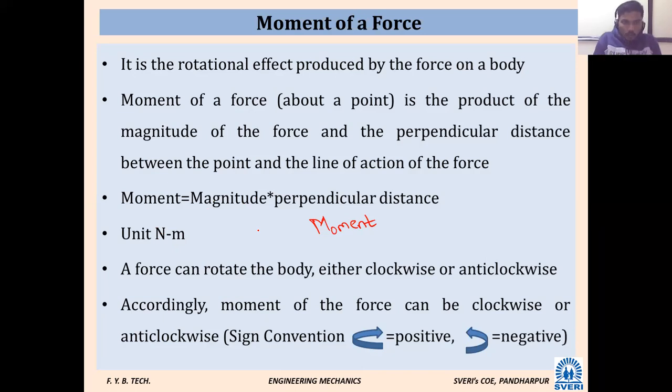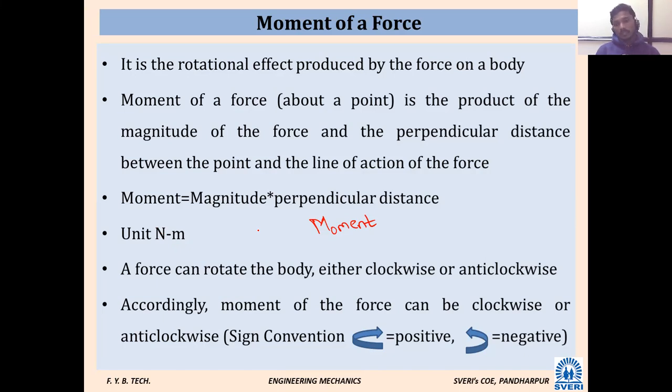Okay, next, a force can rotate the body. Once we apply the force on a body, that body may rotate in clockwise or anti-clockwise direction. That's why accordingly the moment of the force can be clockwise or anti-clockwise.